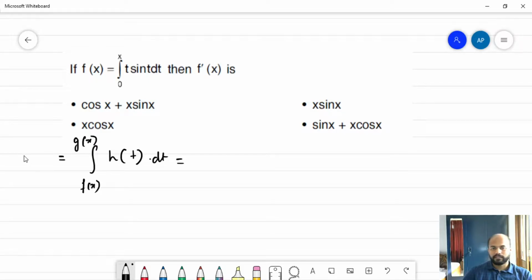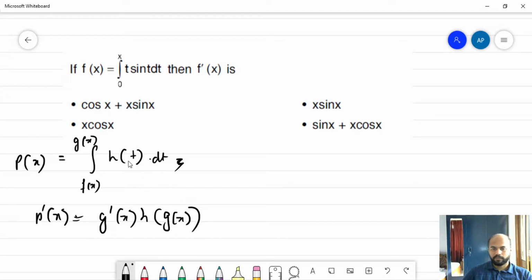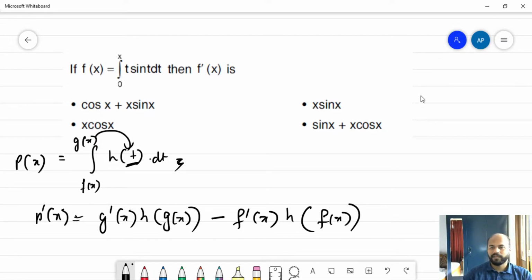Let's say this is some p of x. When we try to find p dash x, we will do g dash x into h of g of x. That means in place of t, we are going to put this g of x first, minus f dash x into h of f of x. So that is how we apply, and that is the value of p dash x.